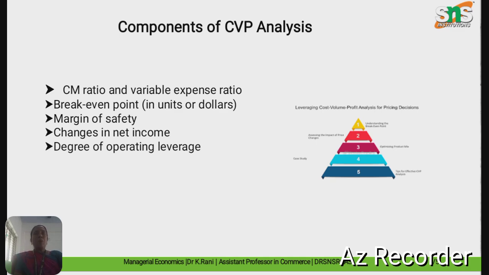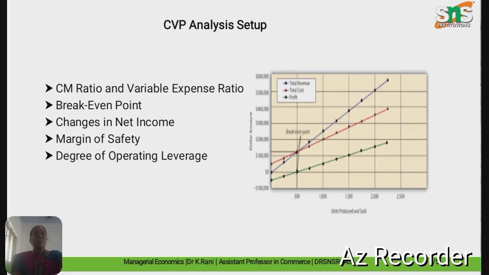In order to properly implement cost volume profit analysis, we must first take a look at the contribution margin format of the income statement. The regular income statement follows the order of revenue minus cost of goods sold, which gives gross margin, while revenue minus expenses leads to net income.